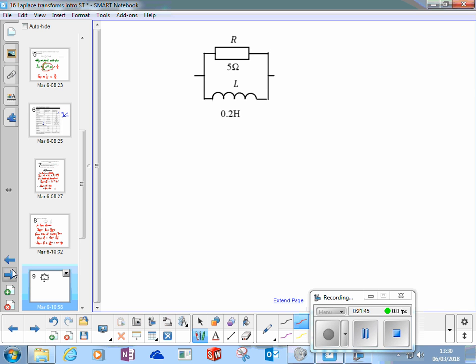Okay. What about a resistor and an inductor in parallel? Rs is equal to 5. Ls is equal to 0.2 S. But how would we express the total impedance for that circuit?